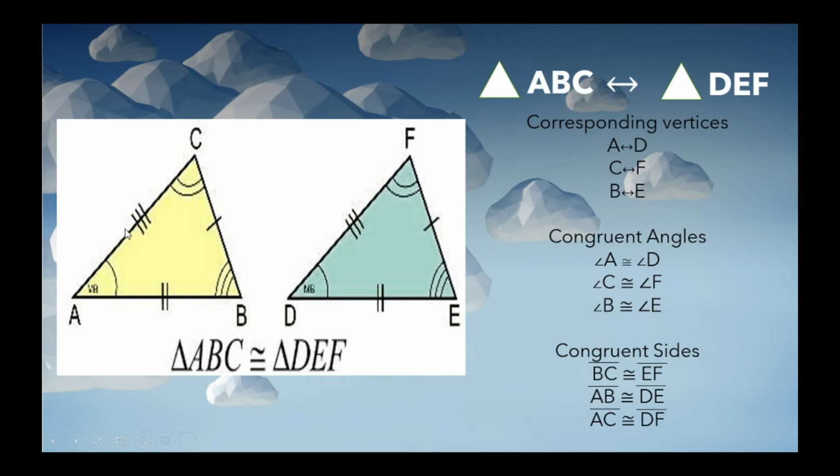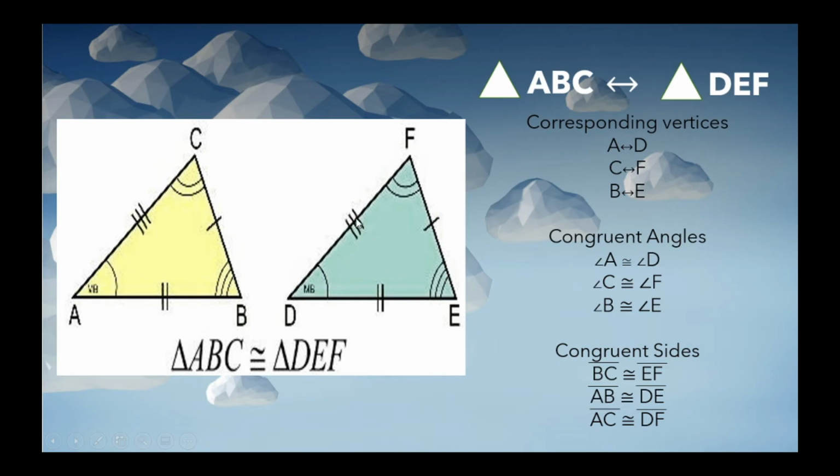Next, side AB. Itong side AB may dalawang marks. So, ang kanyang ka-pair at ka-congruent ay side DE. And finally, side AC, ilang mark yan? 3. So, ang kanyang ka-congruent ay side DF. Ayan, 3 rin.